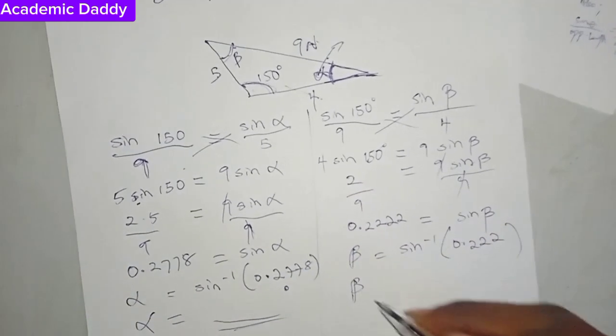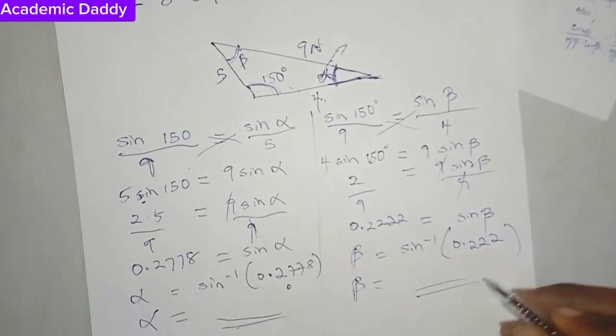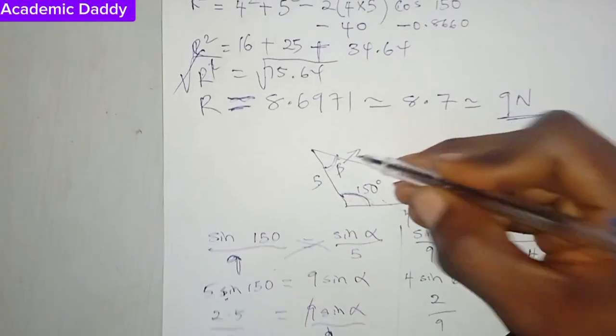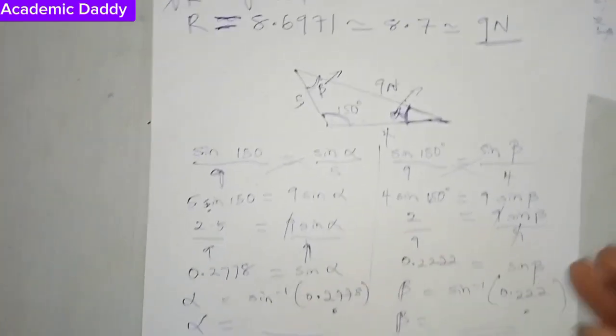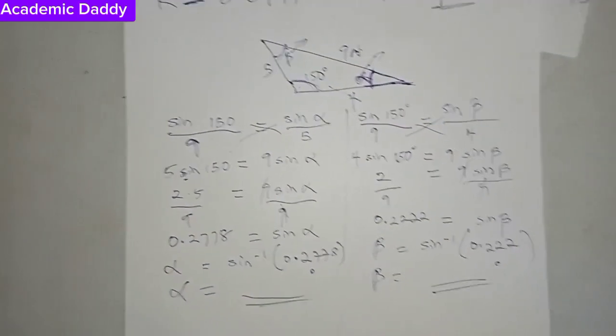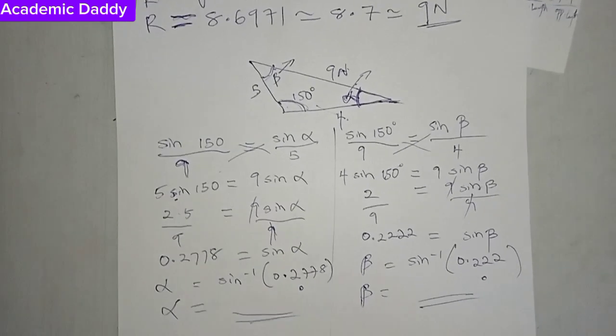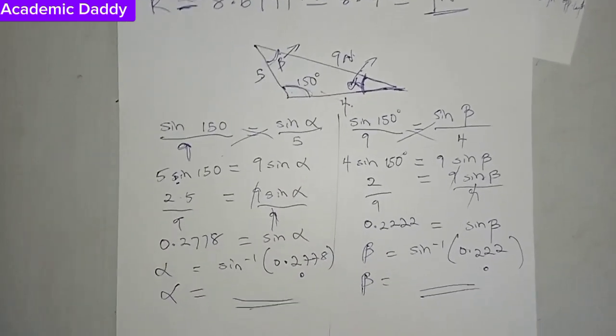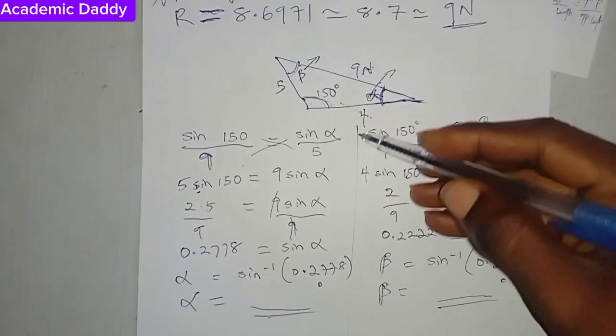Whatever you get, beta will be equal to this answer in degrees. That will be the angle you put here. So that is how you find direction when you use cosine rule. You that have your calculator at home, punch it and put the answer. This is how you go about finding the angle between the resultant and the vector.